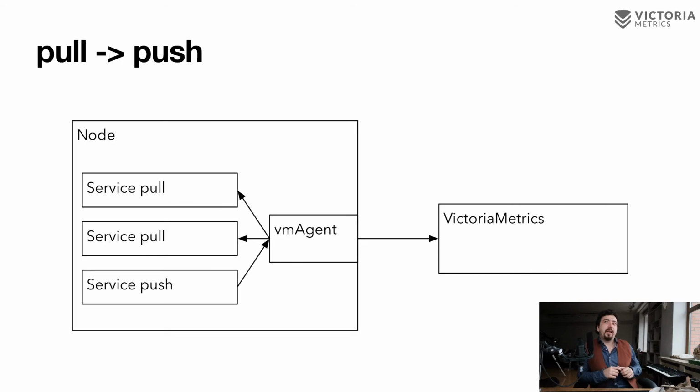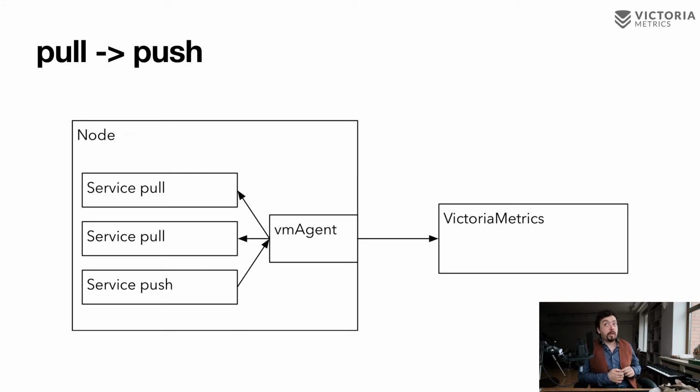Probably you already have some collection services on your nodes, like Telegraf or cAdvisor. It already does the same: it collects data from local files, or from a local HTTP page, and then pushes that data to your monitoring.